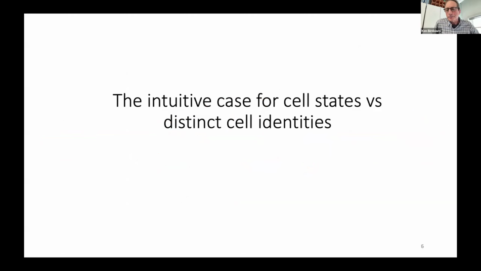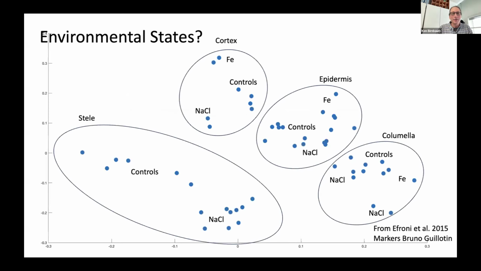Okay, so first, I'm going to just make the intuitive case, which I think everybody can relate to, for cell states versus distinct identities, based mainly on work that we've done over the years now. So, for example, this is old data going back to the days of cell sorting and cell sorting specific markers.